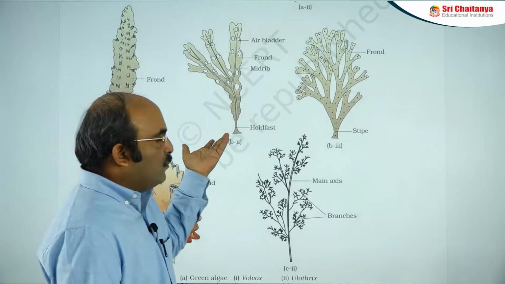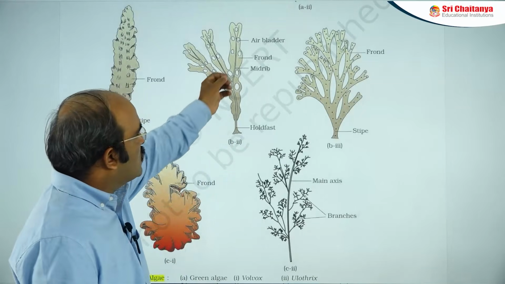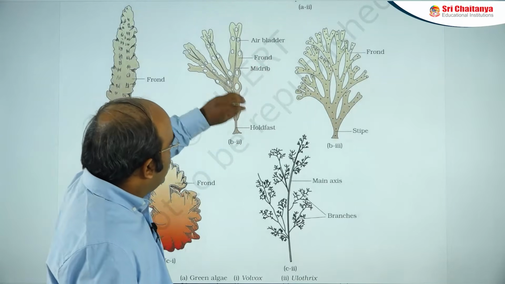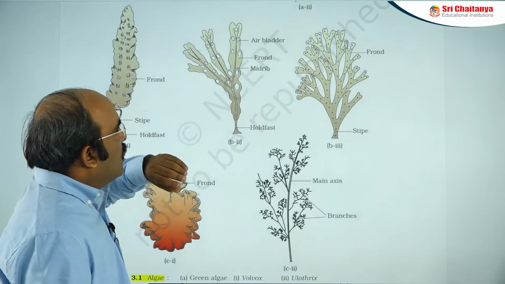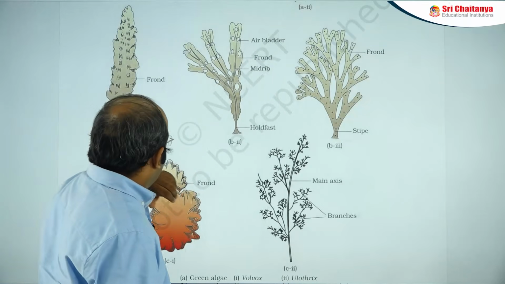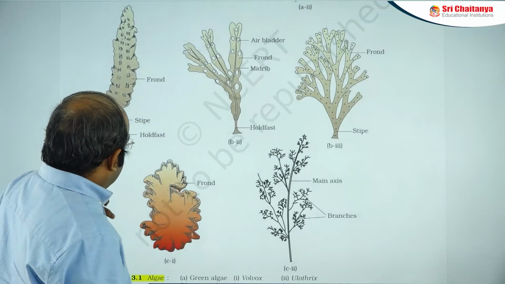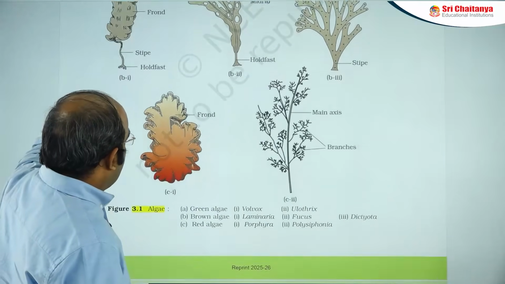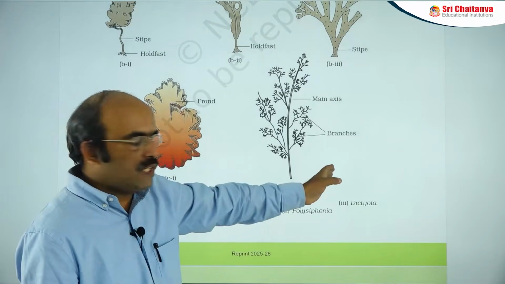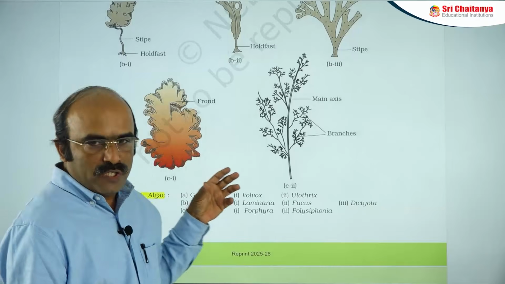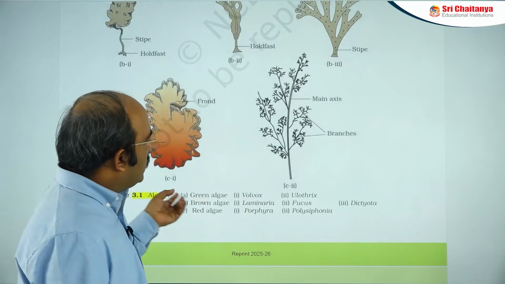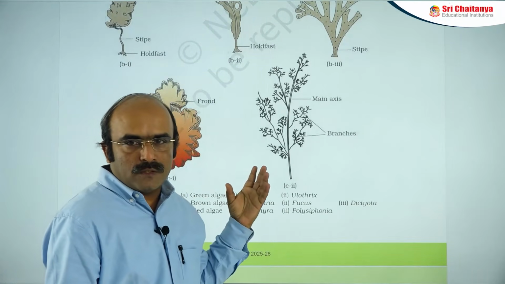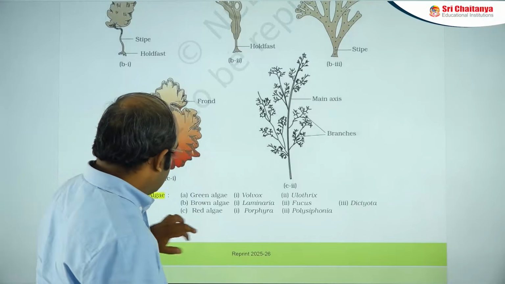You can also see Fucus, the second one, which has an air bladder and a midrib with respect to the frond, the leaf-like structure, and the first one is Laminaria. The last group is red algae. You could see Porphyra and Polysiphonia. So diagrammatically, these are very important with respect to the questions that appear in the question papers.